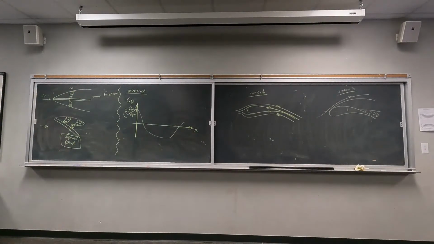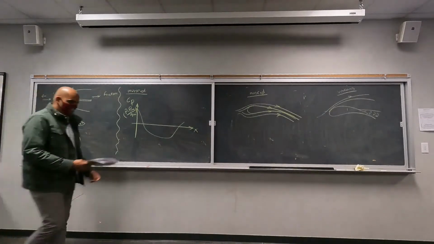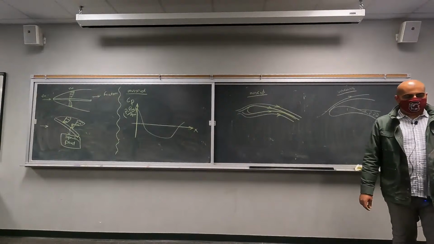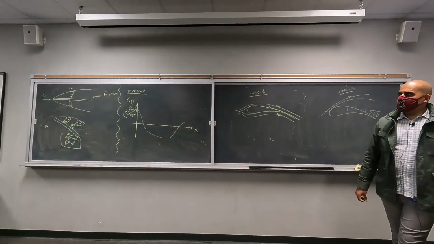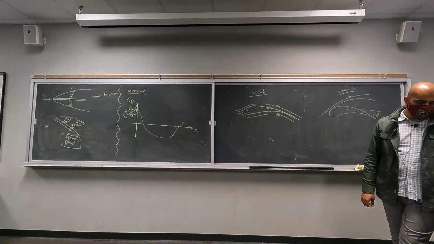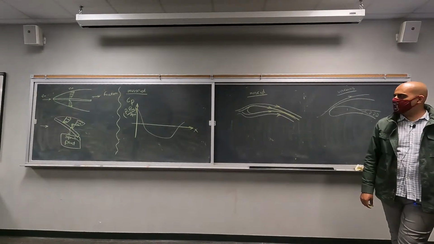What do you think will happen to this pressure coefficient distribution over the top of the airfoil when we don't include the effects of viscosity? Do we have any ideas, any guesses?